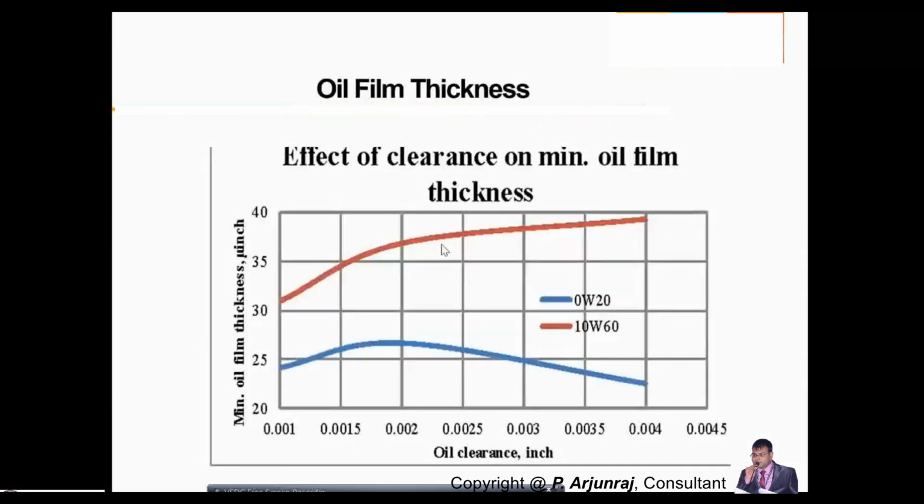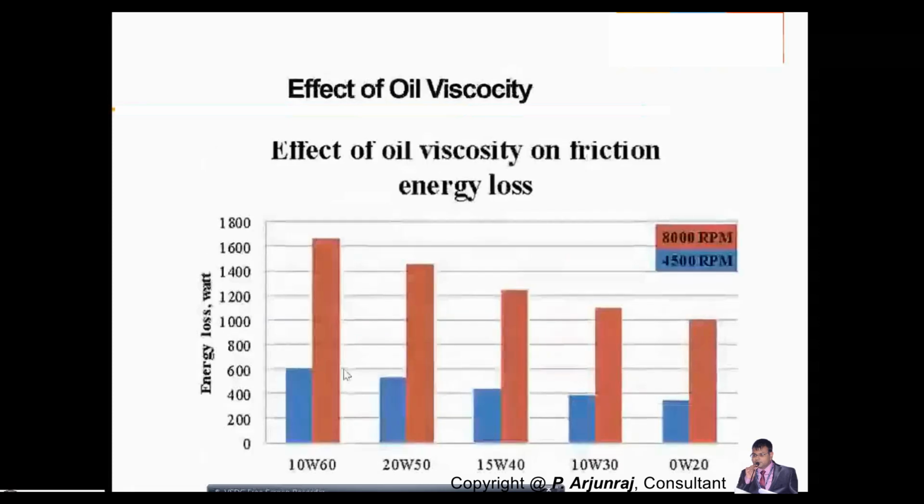That is well maintained in the case of 0W20. Even though it is lesser, it is sufficient for the system to pump. And when you go to a higher grade, the thickness is going to be higher, and it may take some time to perform the cooling operation. That is the reason the energy loss is also going to be higher.